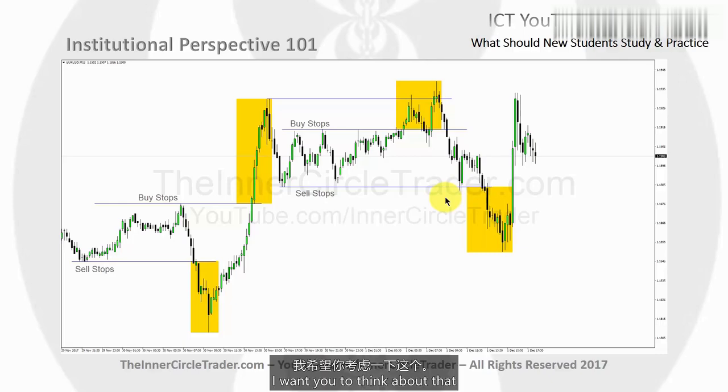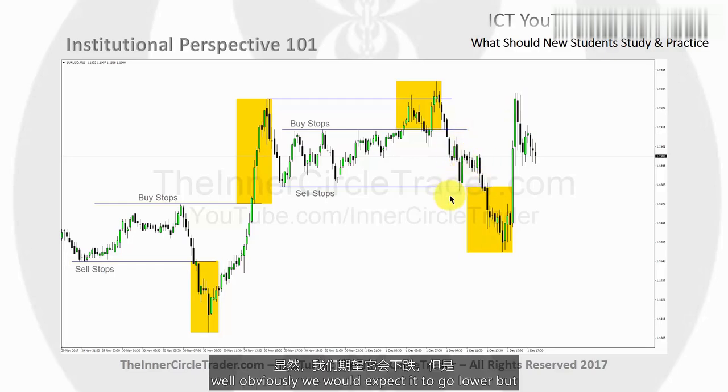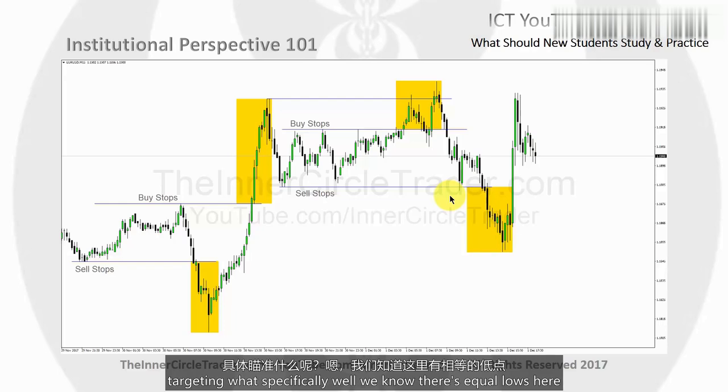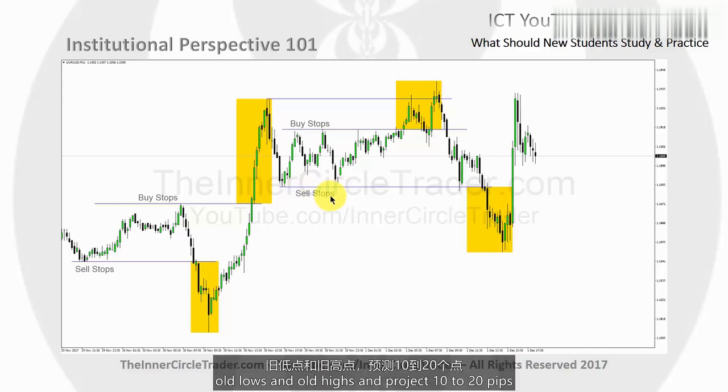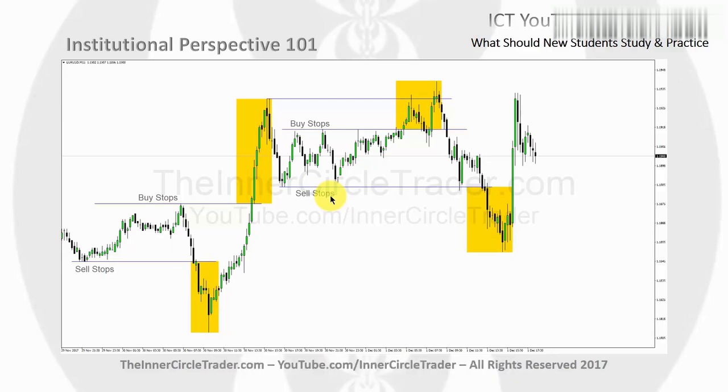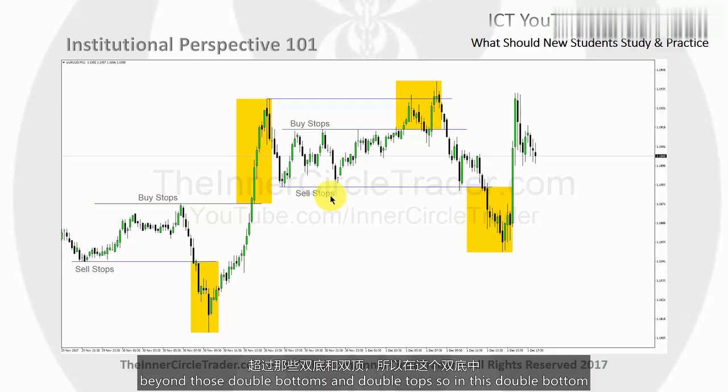I want you to think about that. If this is a short, where could you reasonably expect to see price go? Well, obviously we would expect it to go lower, but targeting what specifically? We know there are equal lows here, and I like to look at old lows and old highs and project 10 to 20 pips beyond those double bottoms and double tops.